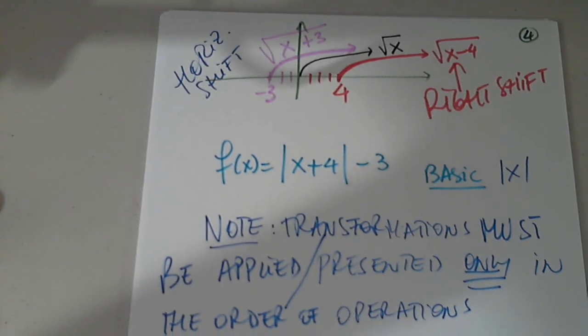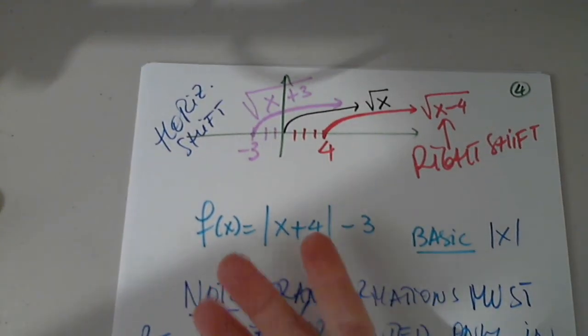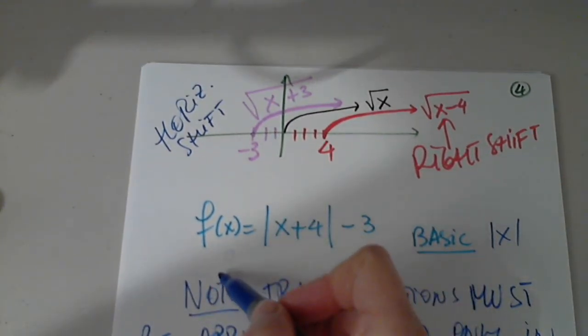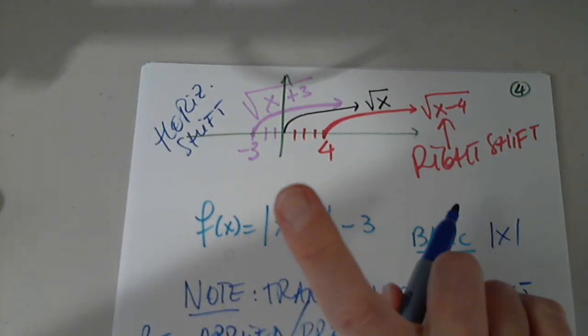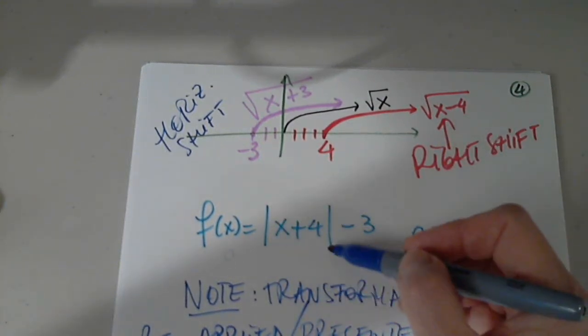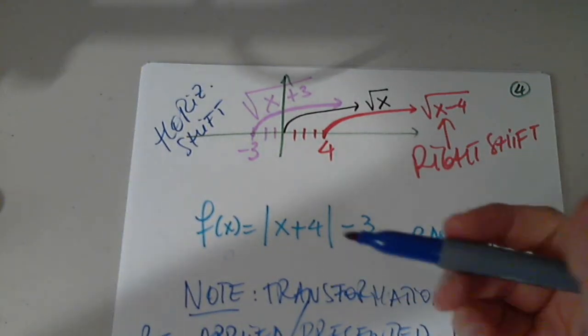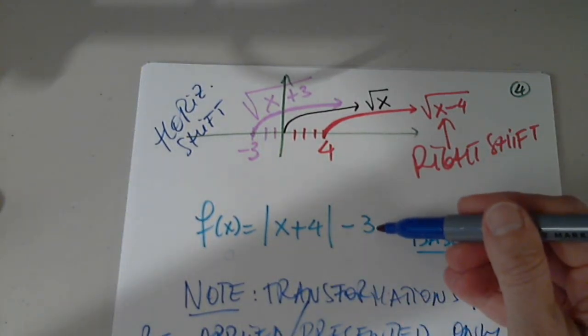Only in the order of operations. As if I'm evaluating. If you ask me to evaluate this for 0, I will first perform 0 plus 4. That's my first step. Then I apply the absolute value. And then the final step is I subtract 3.